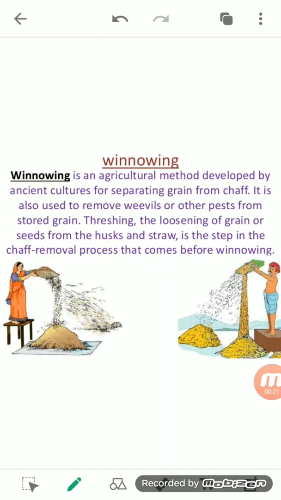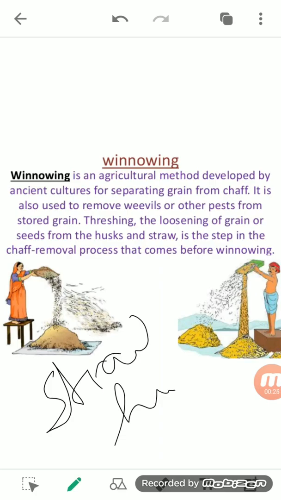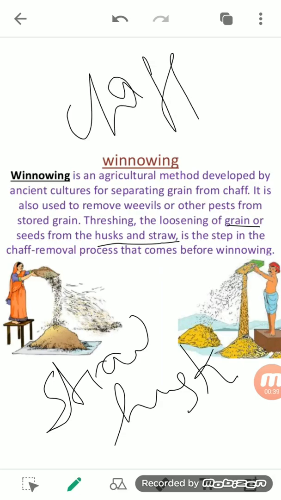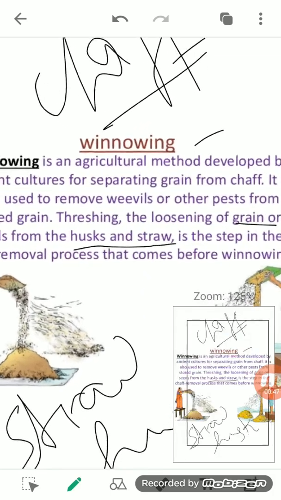Of straw, husk, and the grain. Okay, husk, straw, and the grain. The straw and husk are collectively known as chaff, and this chaff can be separated from the grain by the method of winnowing.